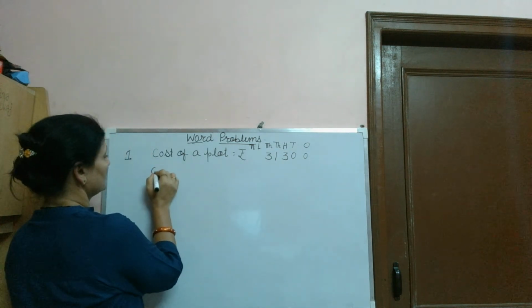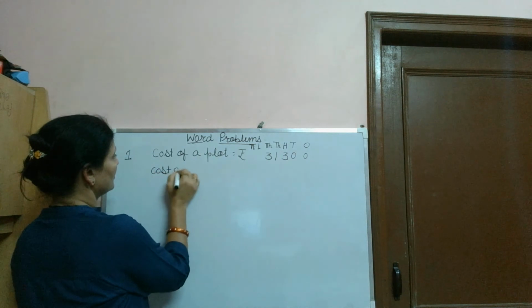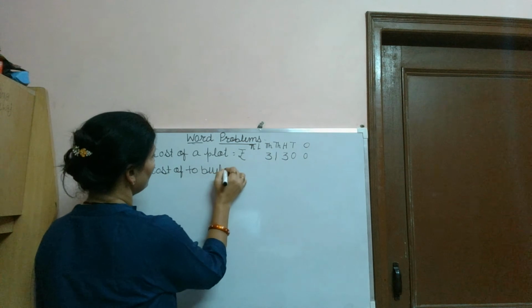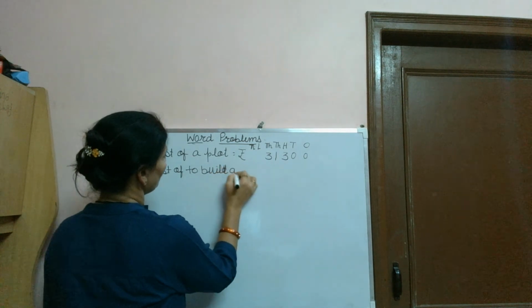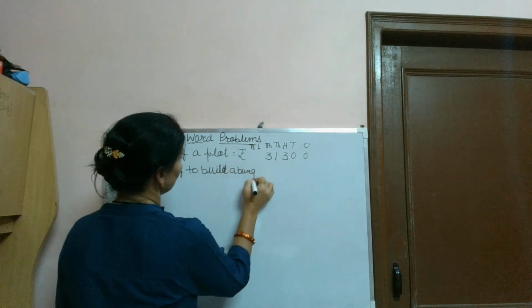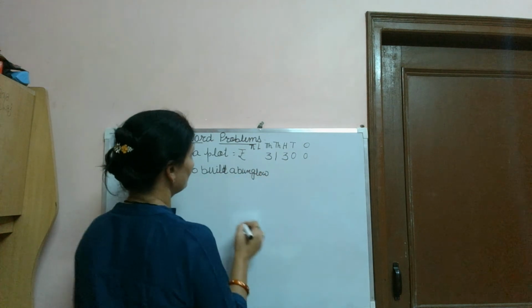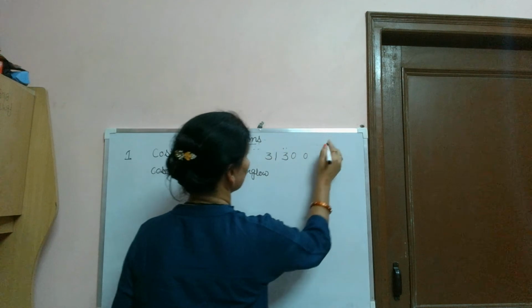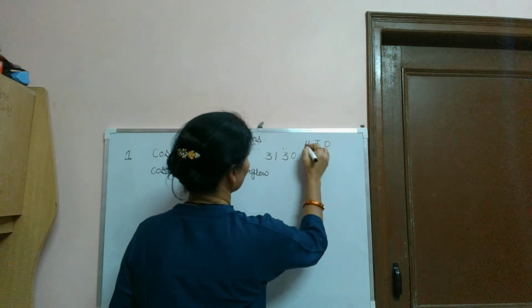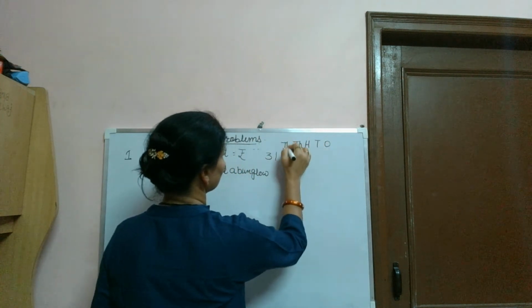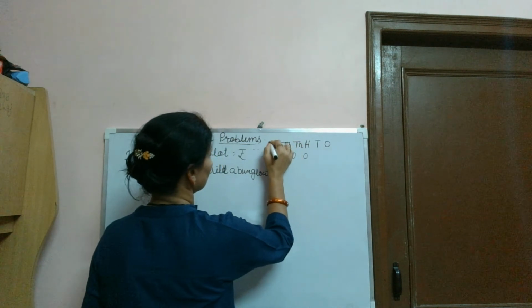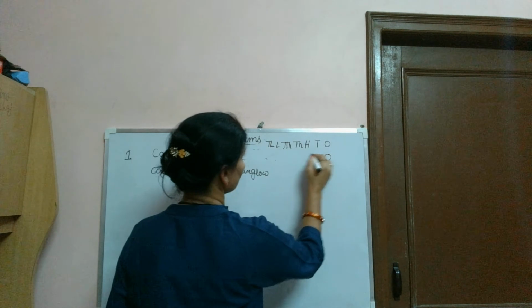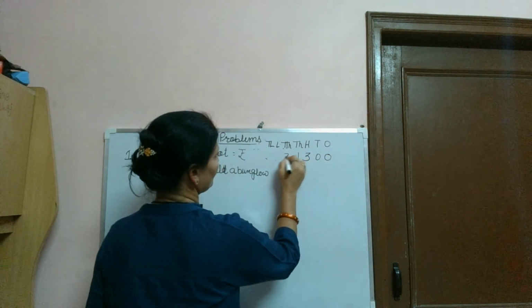Cost of to build a bungalow. To build a bungalow. Now we will start from ten lakh: 00313.